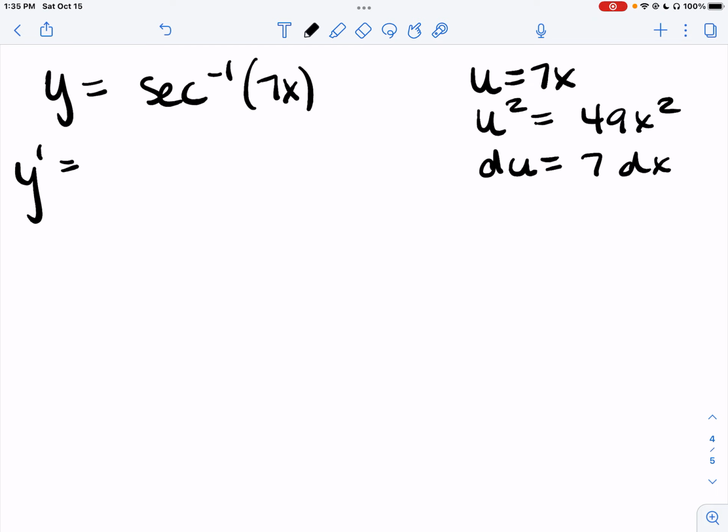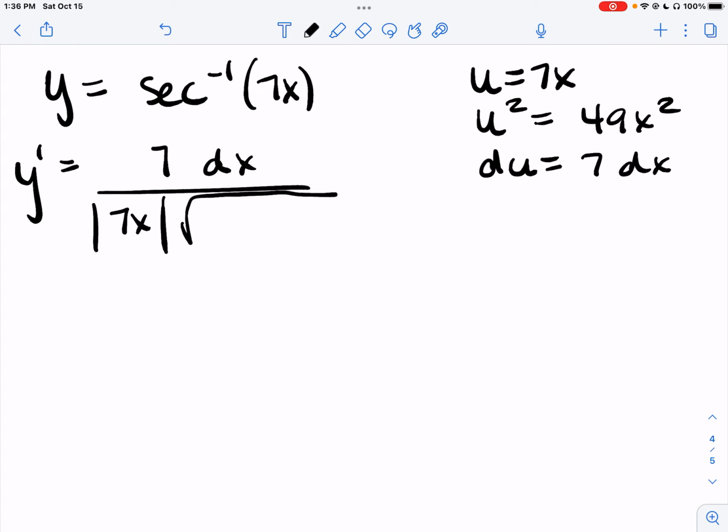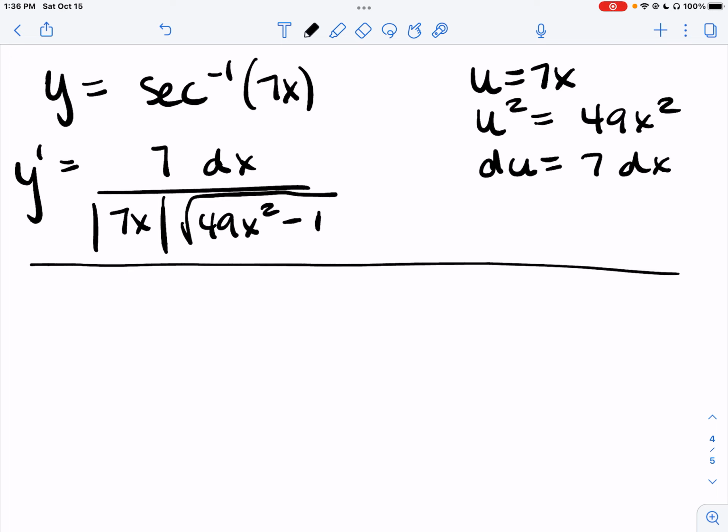Okay, for the secant, you have your du, absolute value of u, squared minus 1. Okay, the u and du will all be the same here.